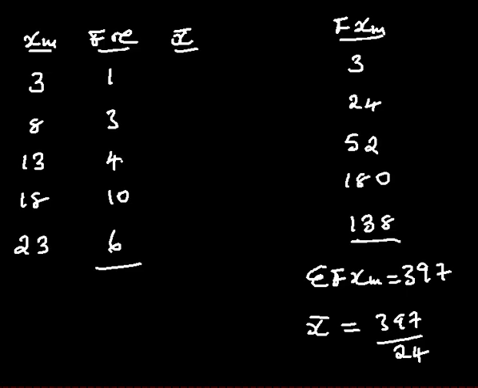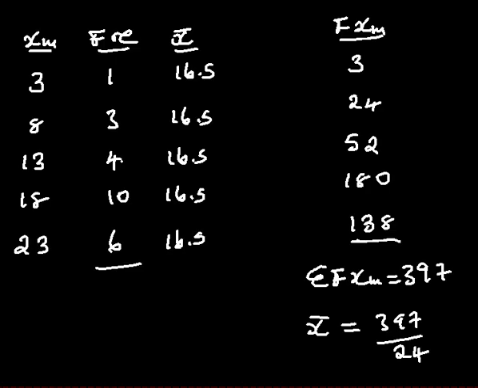What is the mean? 397 divided by 24, that is 16.5. So the mean is 16.5. So have that 16.5 in the column.